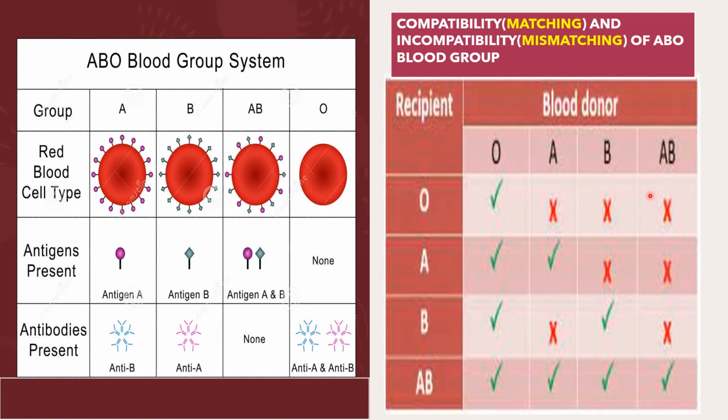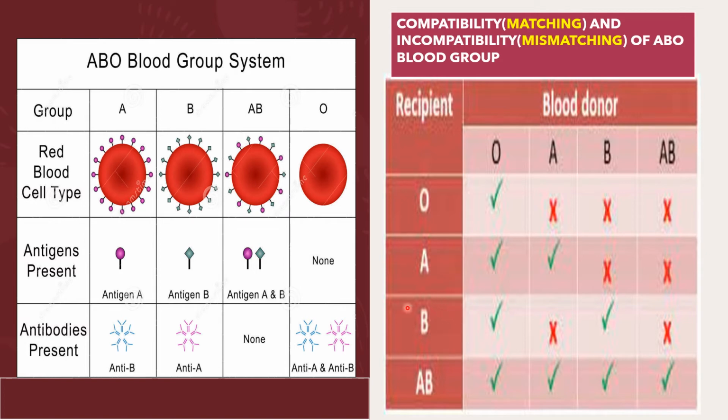It's mismatching to blood groups A, B and AB, and only matching with blood group O. Blood group A can receive blood from blood group A and blood group O. Blood group O can donate blood to blood group A, so A and O can donate blood to blood group A.